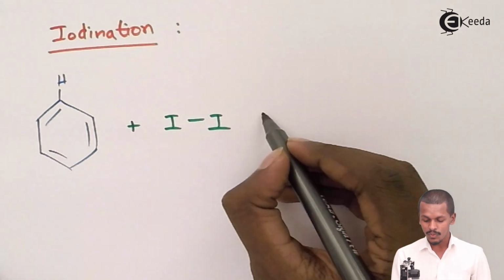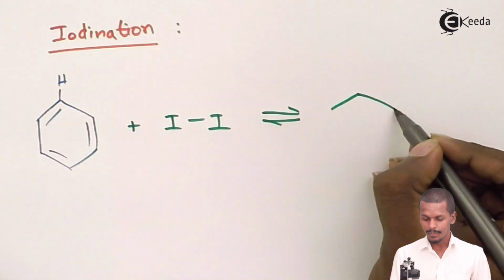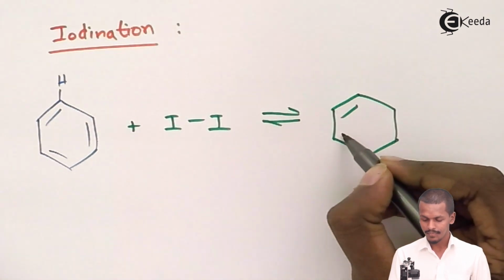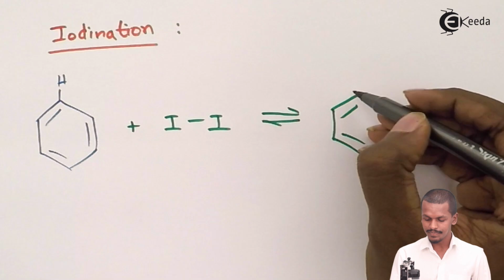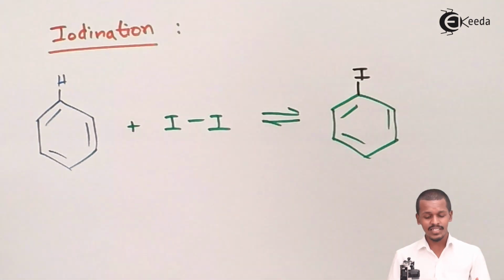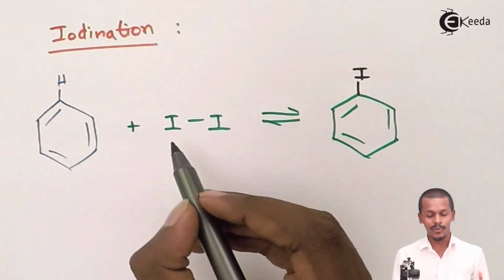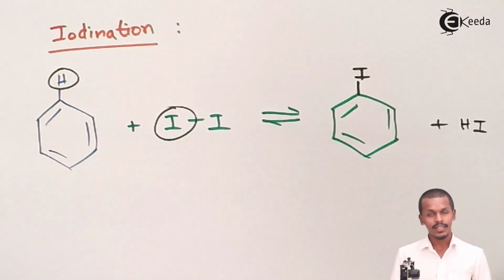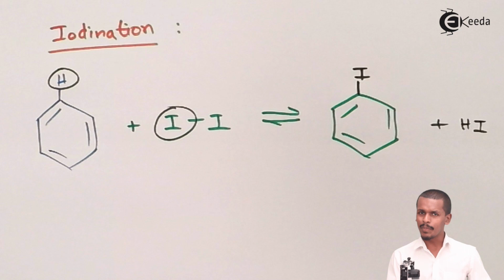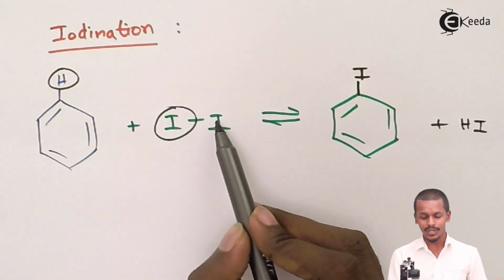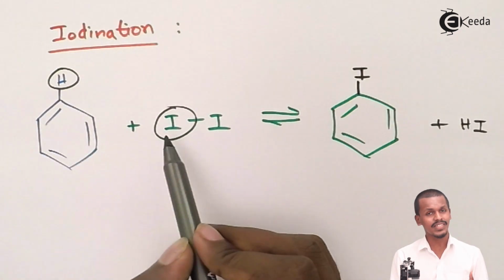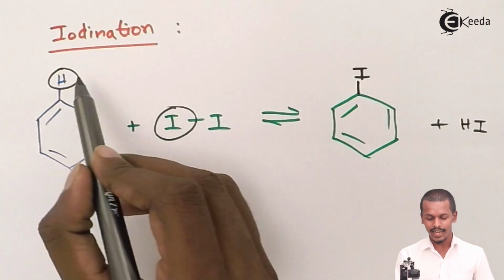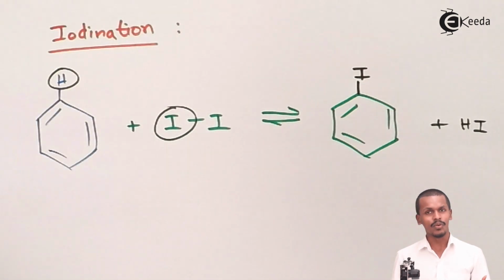We could form an iodobenzene by replacing the hydrogen with the iodine, and this would be removed as HI eventually. Similarly it happens with chlorine molecules also. Suppose chlorine atoms are present, then HCl will be removed, and that is the reason this will attack the carbon atom so as to form chlorobenzene or bromobenzene, depending on that.